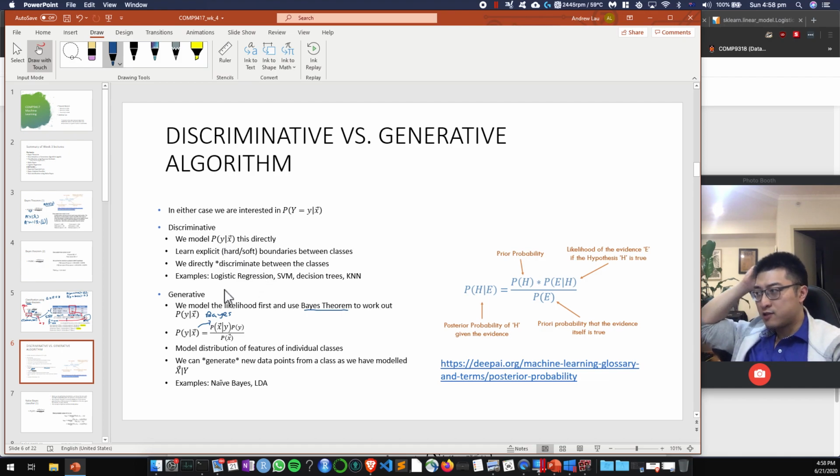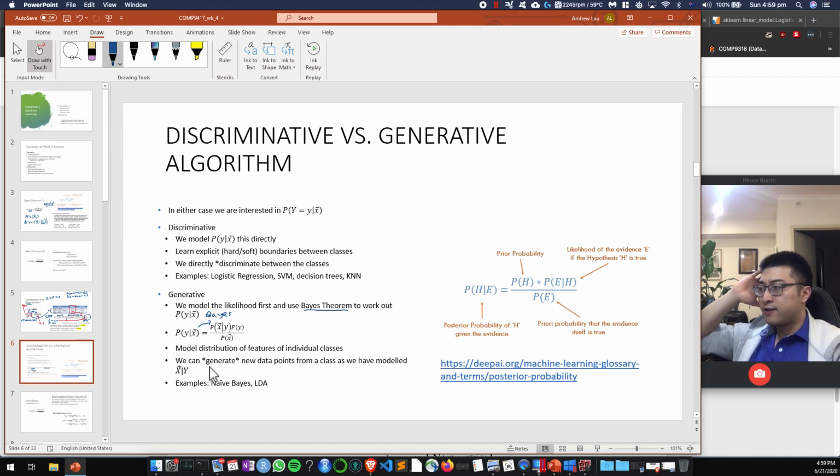So many models are like this. Some examples are your logistic regression, your support vector machine, your decision trees, your k-nearest neighbors. Now, your generative, you basically flipped it around, haven't you? So instead of modeling the probability of your target given your features, you flip it around and you look at the probability of your features given your target with some stuff at the end, right?